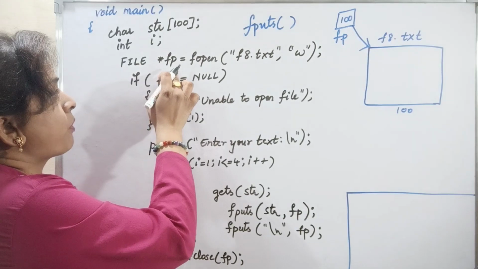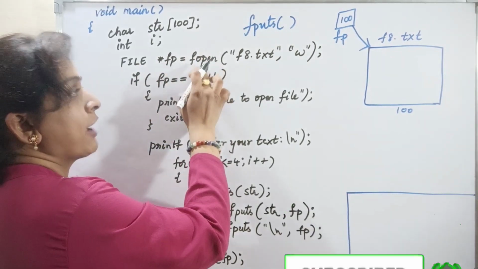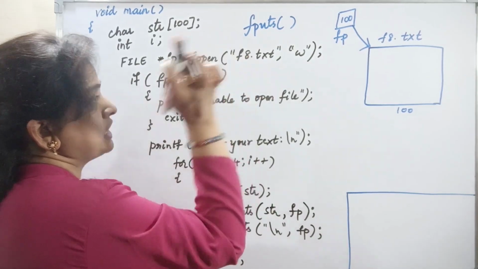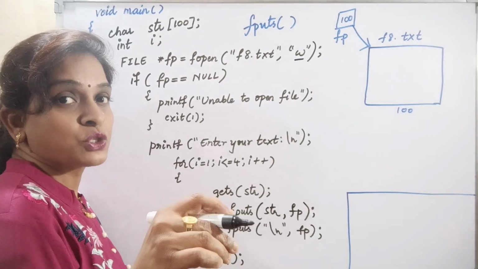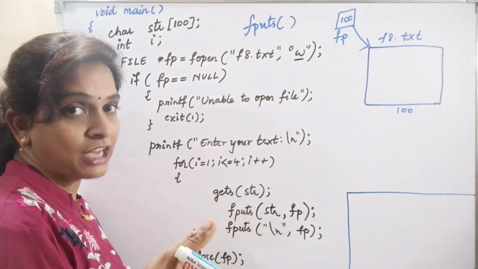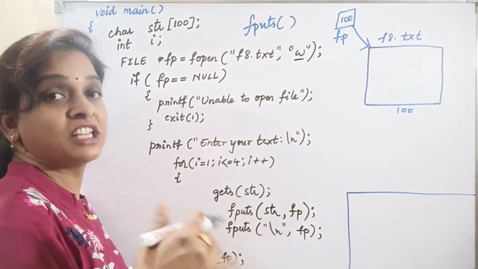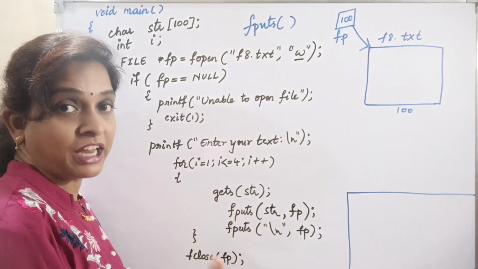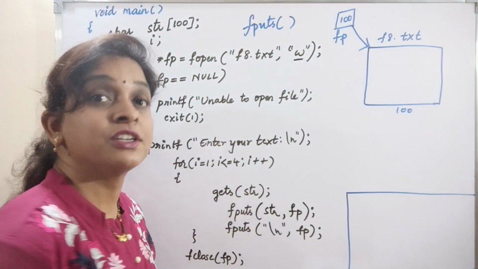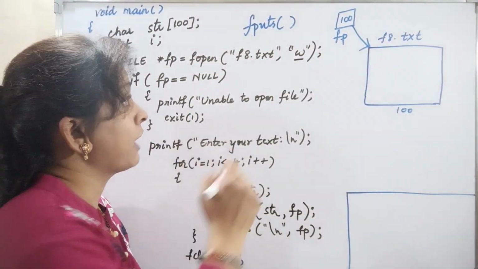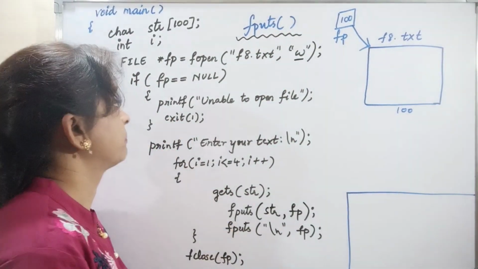We have the file pointer asterisk fp, fopen f8.txt in write mode. So I am trying to open the file f8.txt. If it is an existing file, it gets opened, or if it is a new file, the file will be created newly in write mode, because I need to write the string using fputs.